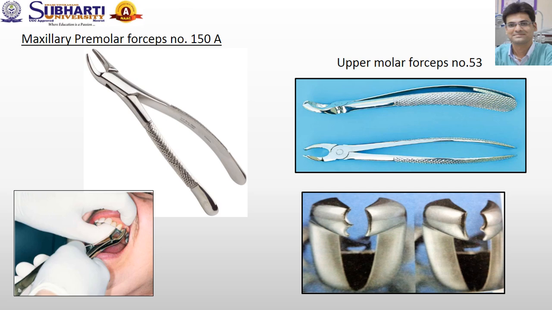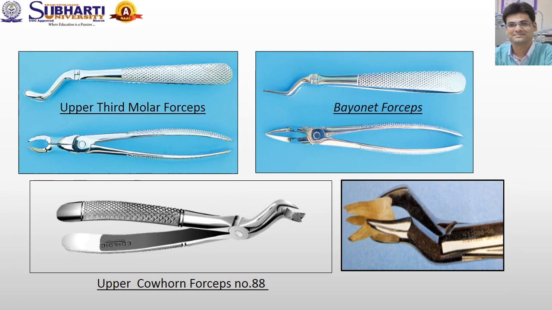Based upon these features, these forceps have been designed for left and right sides for extraction of maxillary molars. Maxillary third molar forceps are specifically designed for extraction of maxillary third molars, and the curvature is given to get accessibility towards the maxillary third molar, and the blades are made parallel to the long axis of the tooth.